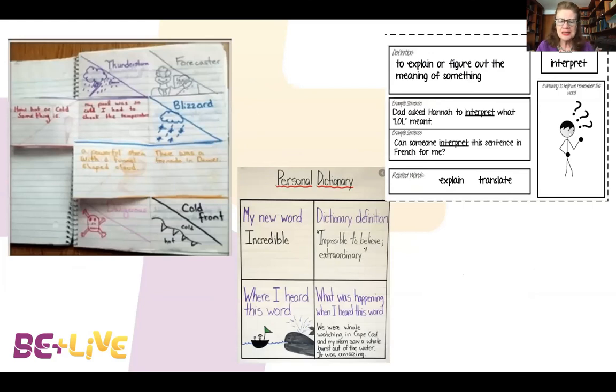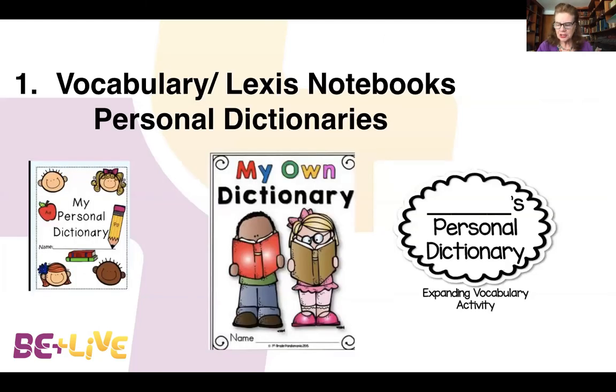There are many examples of personal dictionaries. Here are some of them, and I'm sure you can adapt that to what is happening in your classrooms and with your students. But this is a good idea during the pandemic. So number one, personal dictionaries.